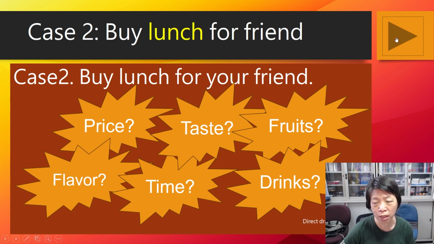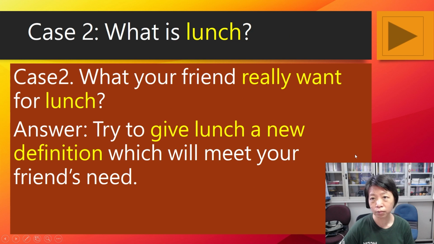if you take case two, we must redefine lunch. So the question will be, what does your friend really want for lunch? You know that even when you help other people, if they don't like the result, you'll be hurt too, right?